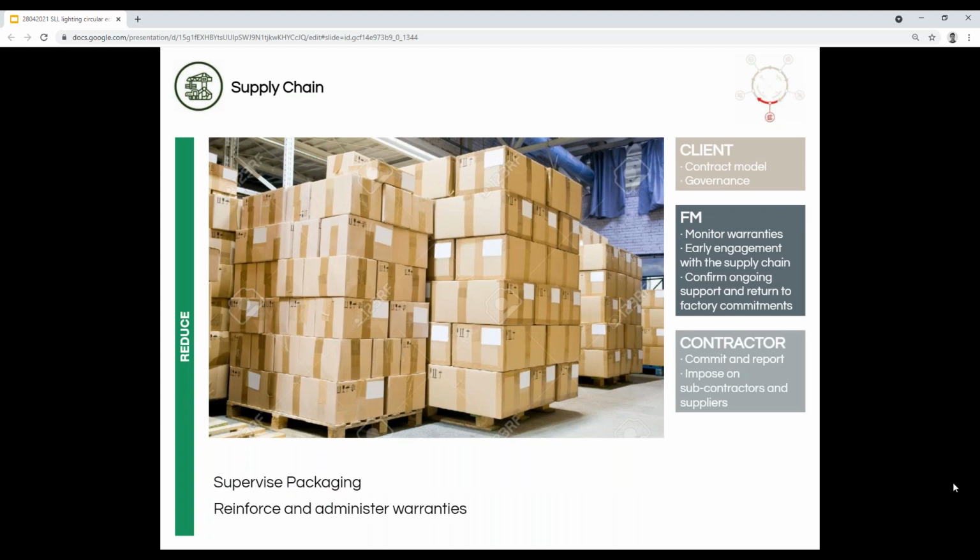Supply chain, if we've imposed all sorts of things in terms of packaging and what have you, then we need to make sure that contractors are doing it, and that has implications again for the client and project governance, because they need to set the projects up and the contracts so that they have the right to impose the design requirements upon the contractor. Next slide.